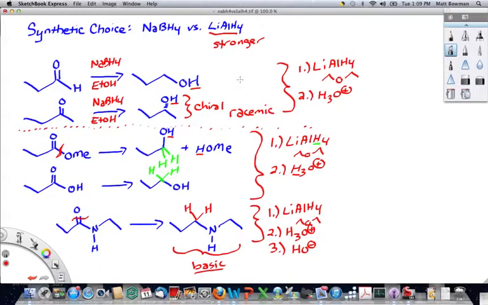Where you would differentiate the two is where you have, say, an aldehyde and an ester. You want to selectively reduce the aldehyde.